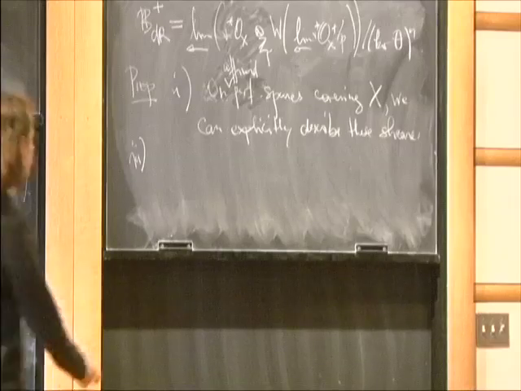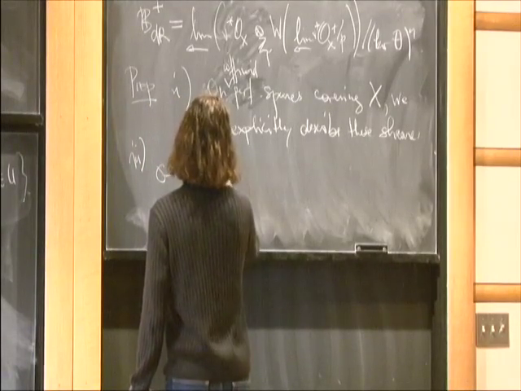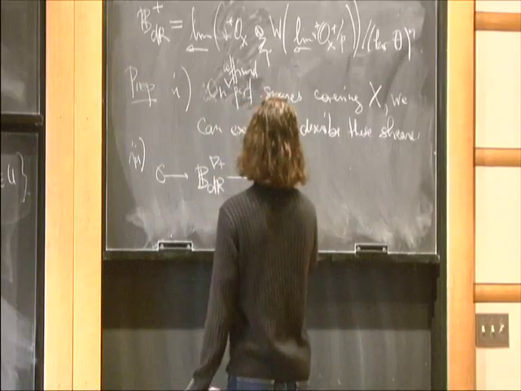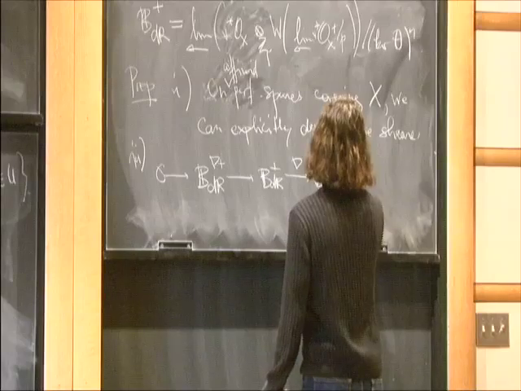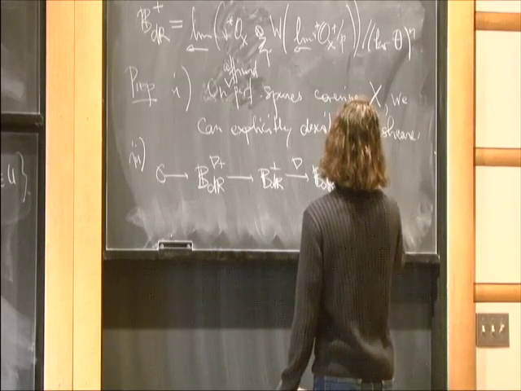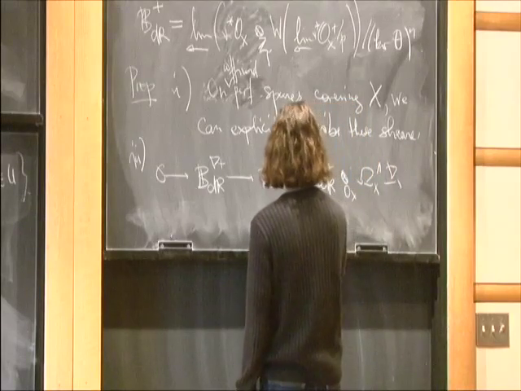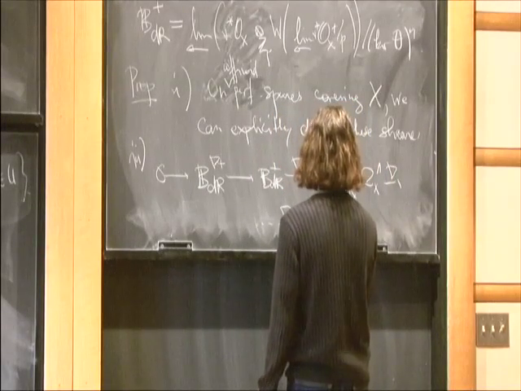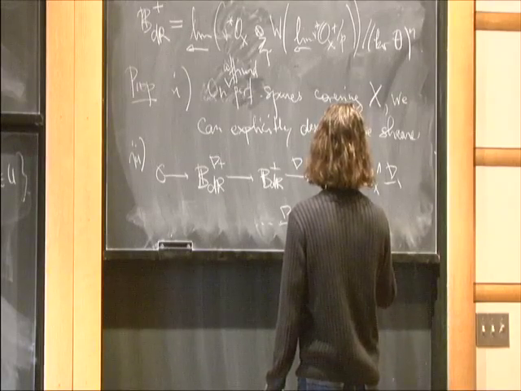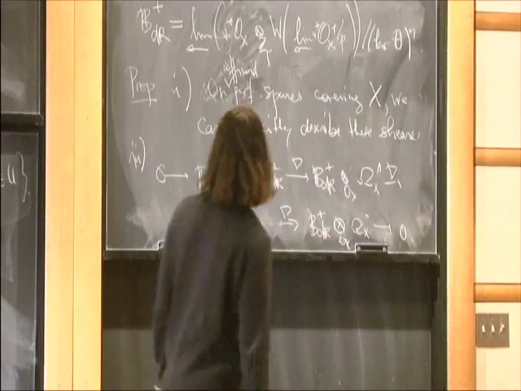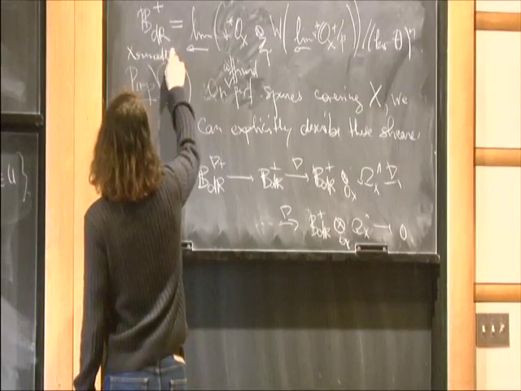The second is that we have a Poincaré lemma involving these enormous sheaves. And I forgot to say that I should assume that X is smooth of dimension n.